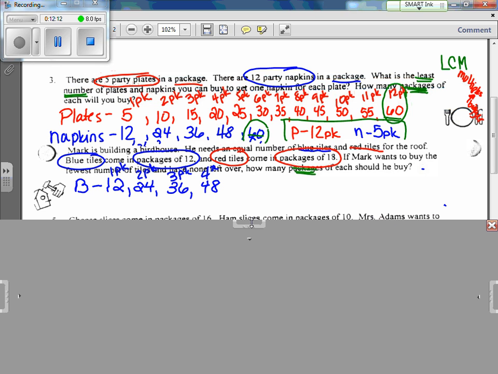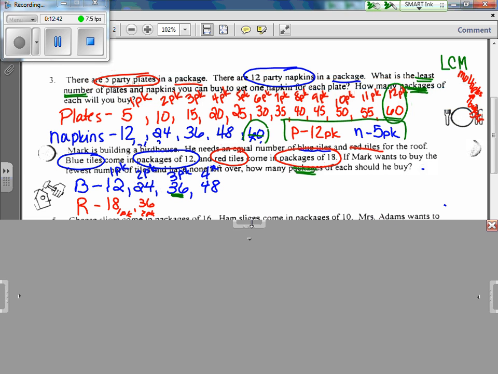Okay, I'm going to stop there just so I can see what my numbers look like for the red. So red tiles come in packages of 18. If I buy 1 package, I will have 18. And then if I do another package, I would have 36.